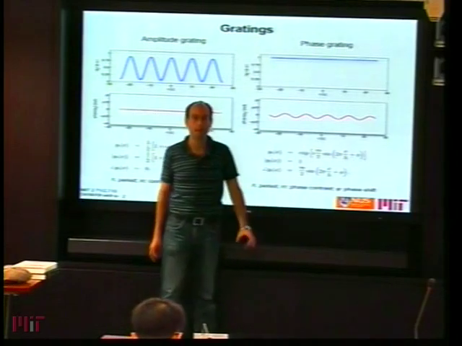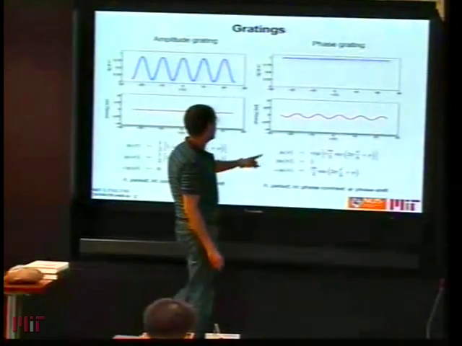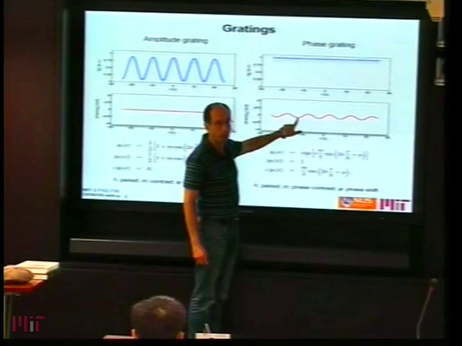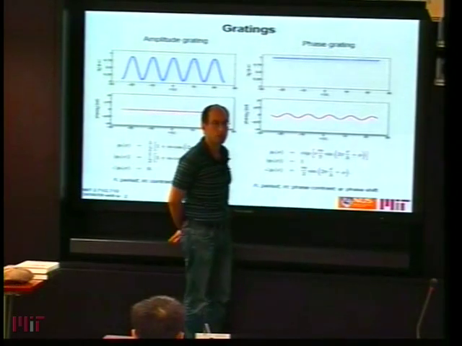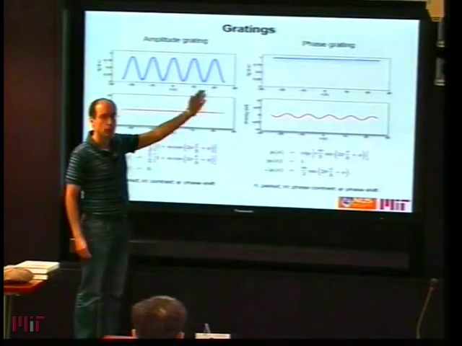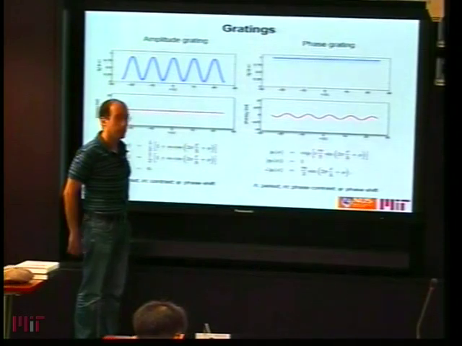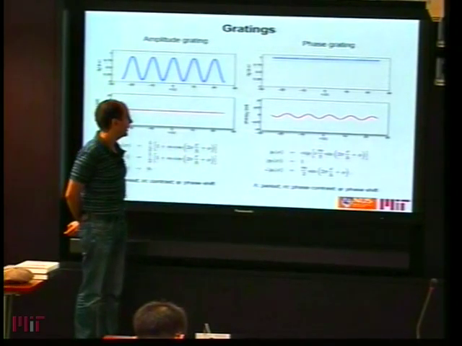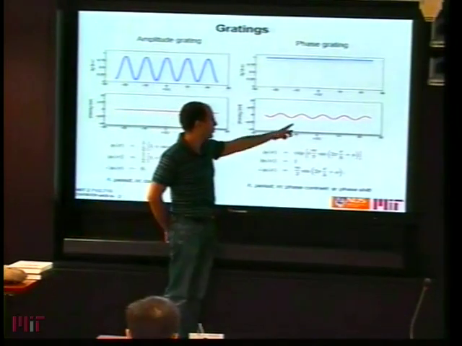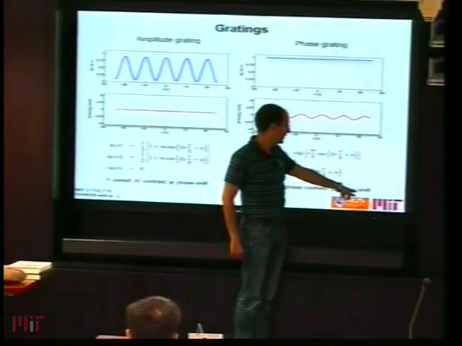The contrast in this case is called the phase contrast because we're talking about the phase, and you can see that it is swinging approximately between plus 0.4 and minus 0.4, so the contrast is also 0.8 in this case. But it could be anything really between minus pi and pi to get a complete phase contrast. And the other two parameters are the same. The period is also about 10 wavelengths, and the phase shift is 0.